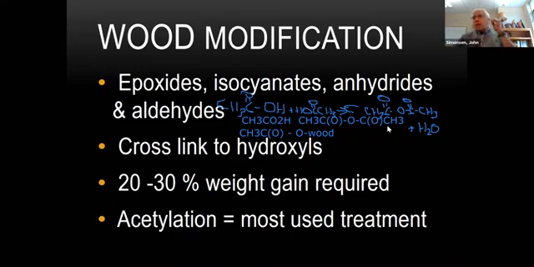Then when acetic anhydride reacts with an alcohol, it will form one molecule of an ester, which is this one, plus it will form one molecule of acetic acid. So the hydrogen that used to be on the hydroxyl on the wood will move to this oxygen on the anhydride and form the acetic acid back.